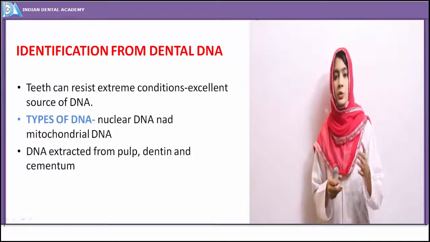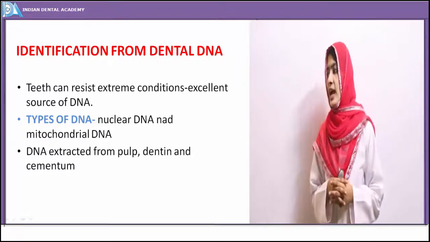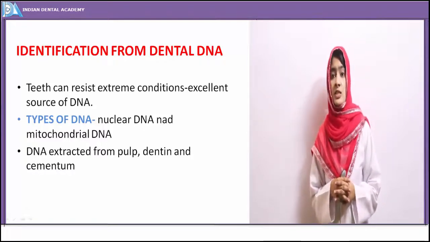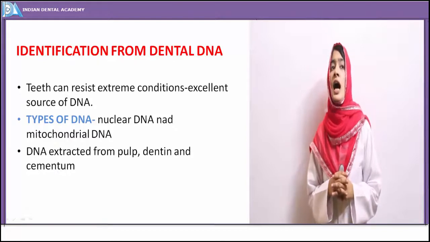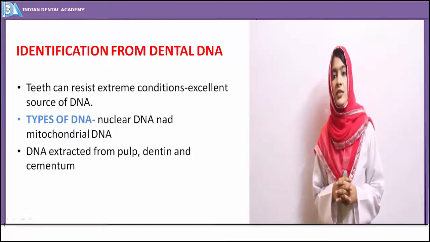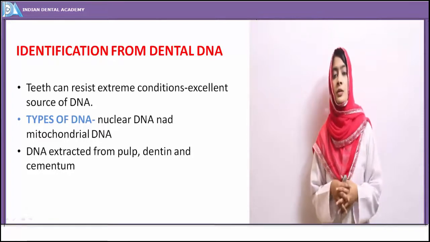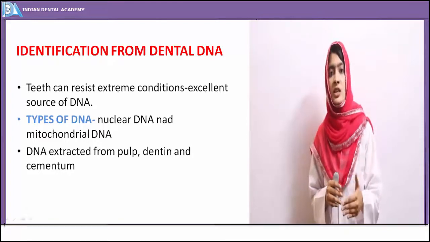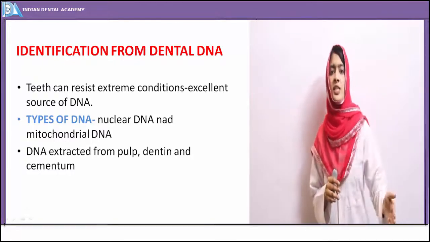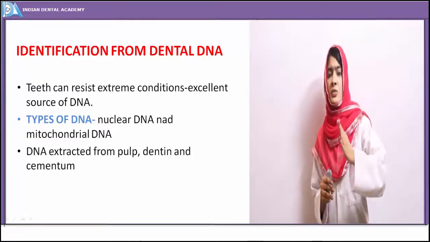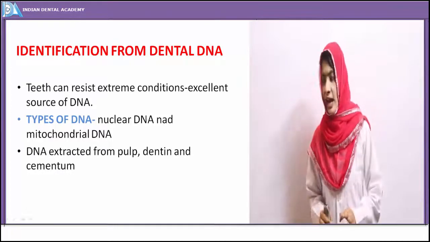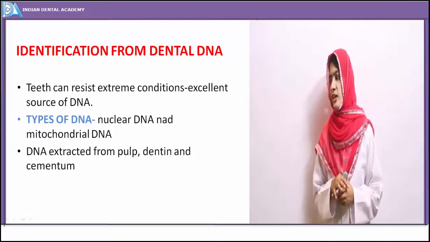So basically there are two types of DNA: the nuclear DNA and the mitochondrial DNA. The nuclear DNA helps us in giving a correct diagnosis, and the polymerase chain reaction procedure is carried out nowadays to process the DNA that is collected and compare it with the siblings or claimed family members of the deceased individual, and you can give a correct diagnosis by this DNA extracted.